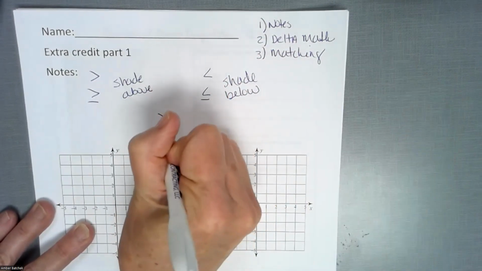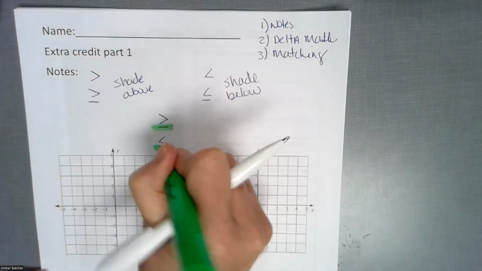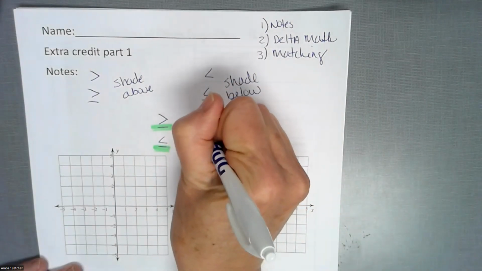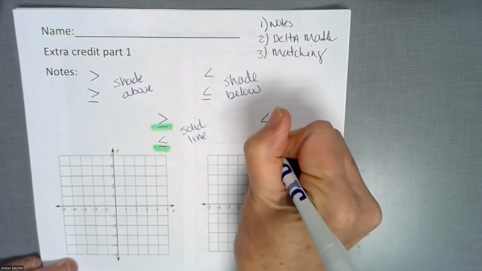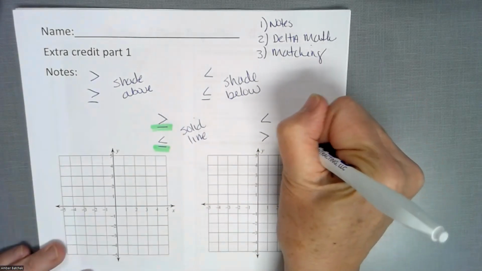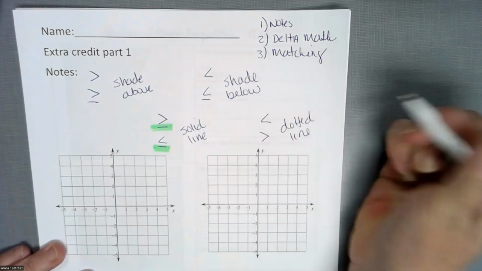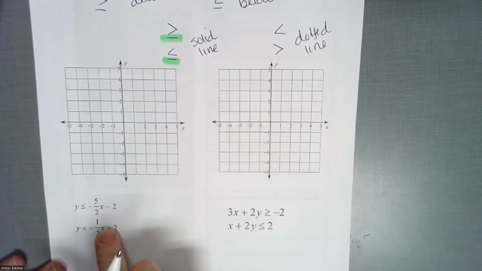When we have equal to bars, we are going to use a solid line. When we do not have equal to bars, we are going to use a dotted line. Okay. So we're going to use all of this, and we are going to graph some systems of inequalities.